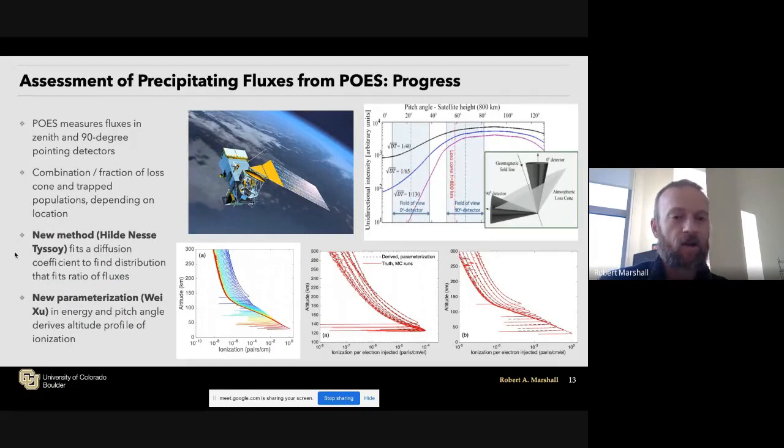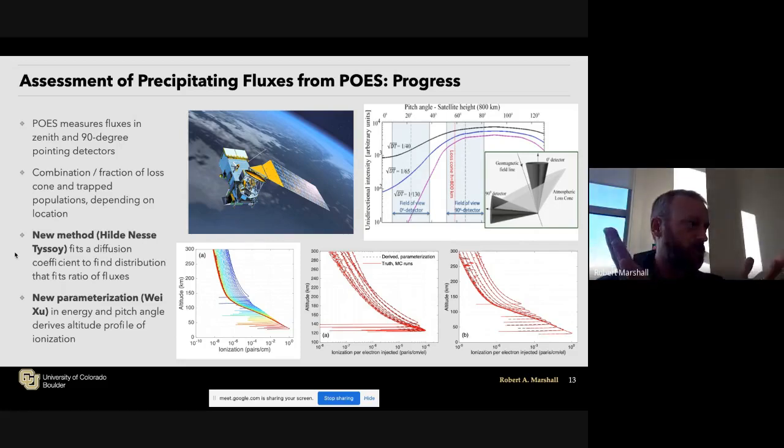They're all very complicated. There's been quite a bit of progress on the direct measurement method. So taking POES data, obviously the most relevant method is to just measure the particles that are entering the atmosphere. It's challenging though, because any instrument has a limited electron detector field of view, as well as limited spatial and temporal coverage.